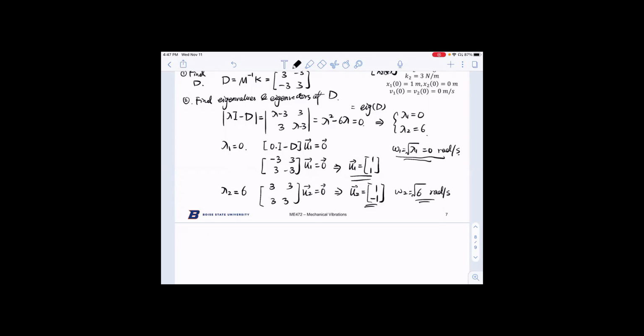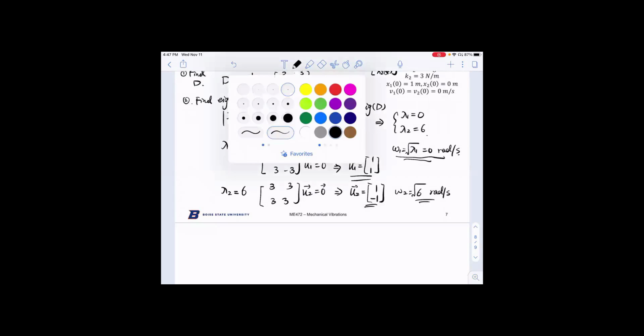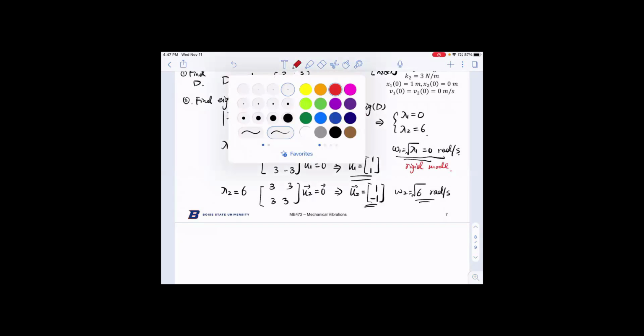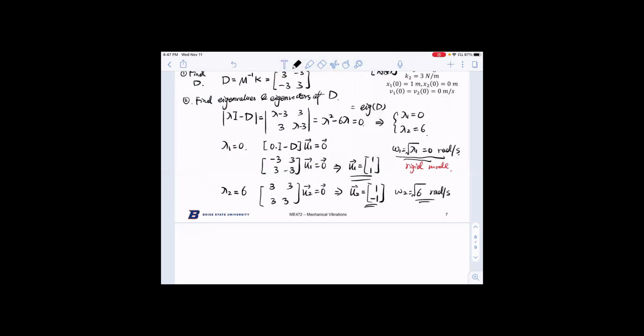We have a special name for it. It's called a rigid mode. In other words, in this mode, we have no oscillation. After solving this equation, we can see what the effect of this rigid mode is.